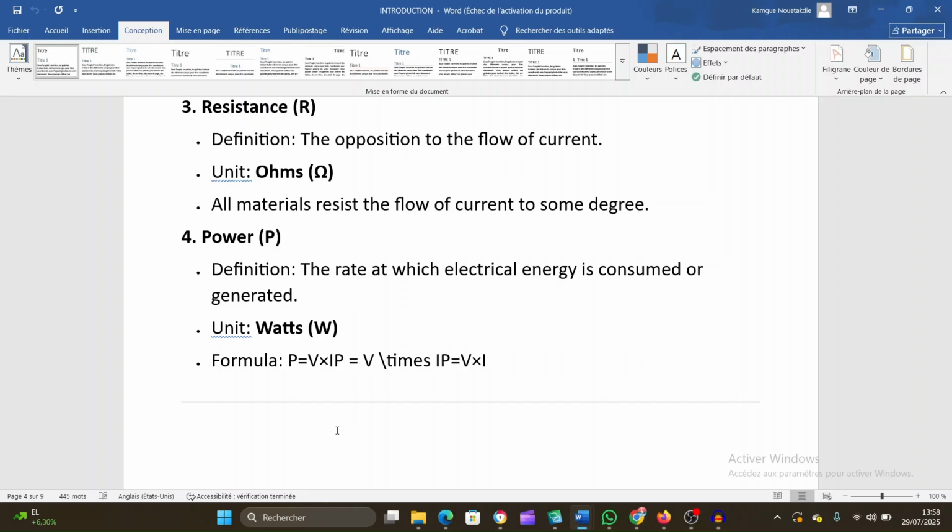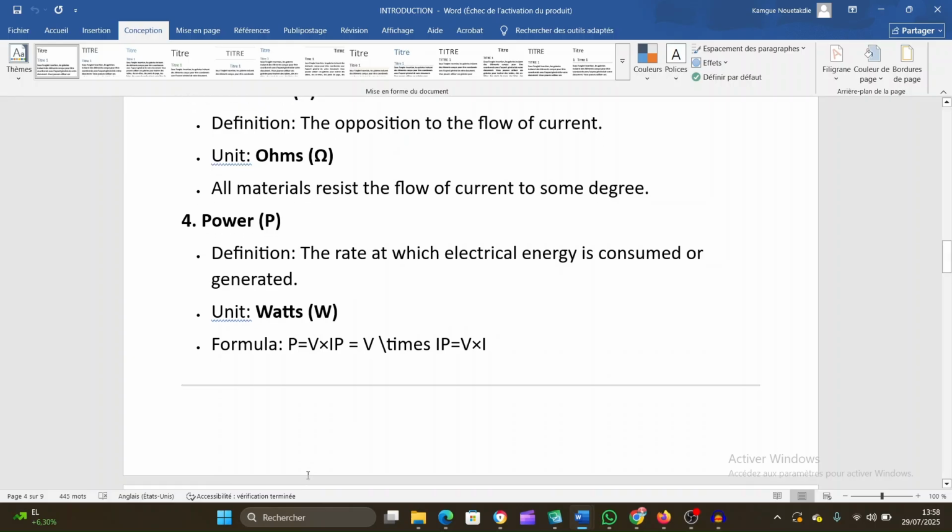So what's the formula? In this formula, we will be using the quantities that we mentioned earlier. Can you remember what V stands for? I stands for? R stands for? It would be good if you remember this.